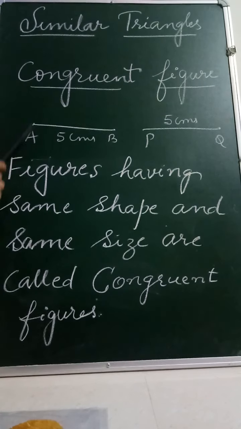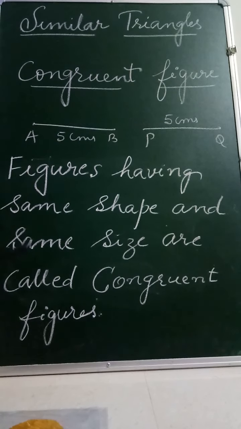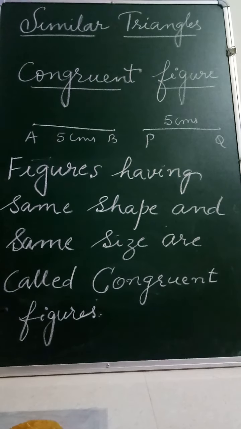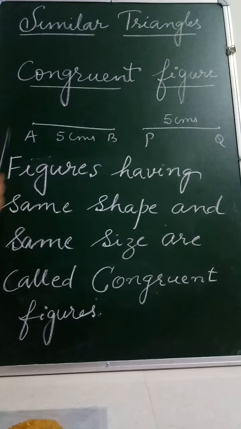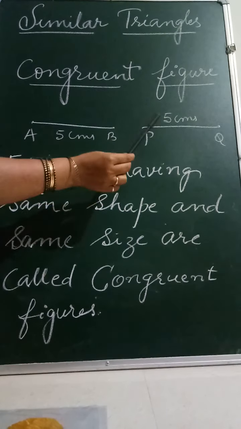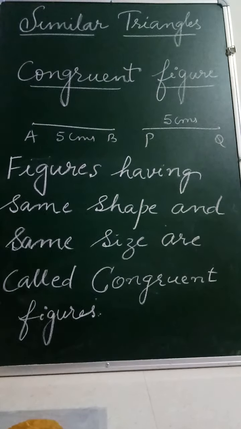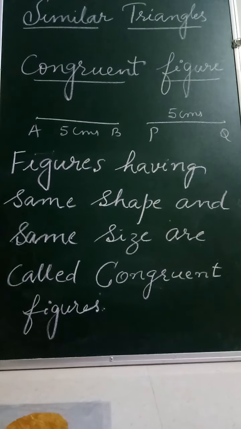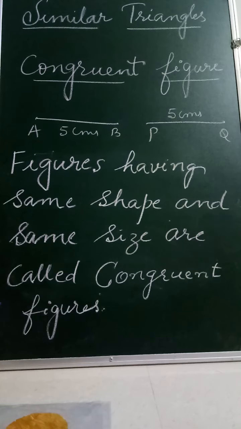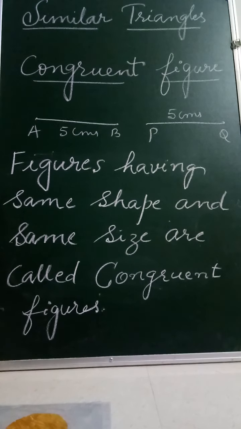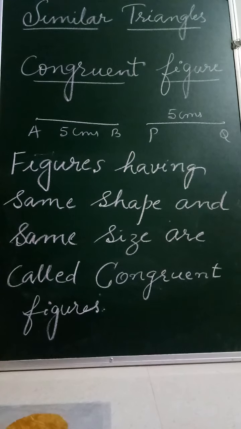And hence we call these 2 line segments congruent line segments. Suppose if I keep AB on PQ, it exactly coincides with each other. So figures which exactly coincide with each other are called congruent figures. This is a general statement.